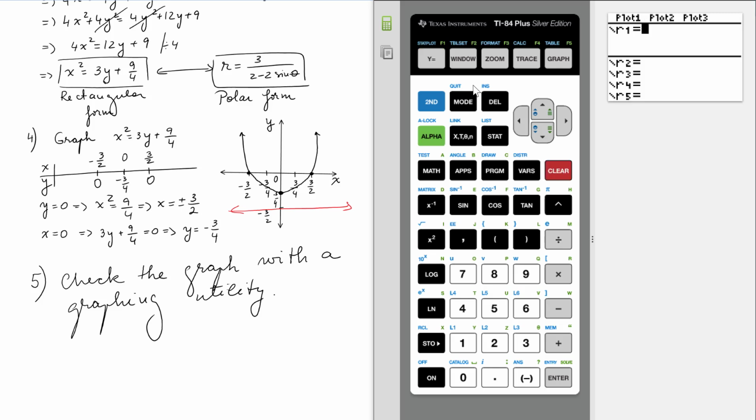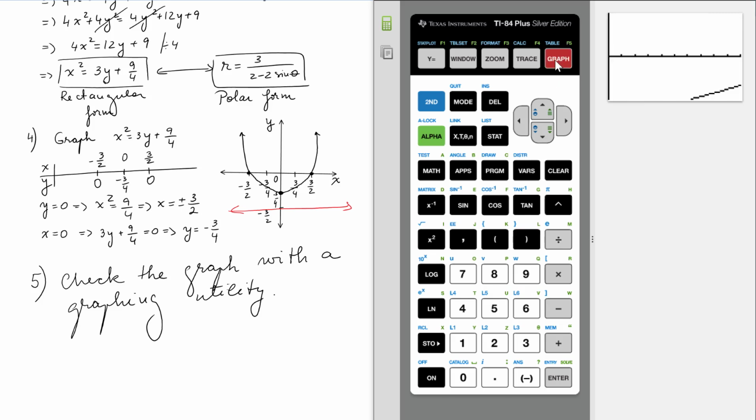So we go to y equals, and now I'm going to write 3 divided by parentheses 2 minus 2 sine theta, close the parentheses, and then press graph.